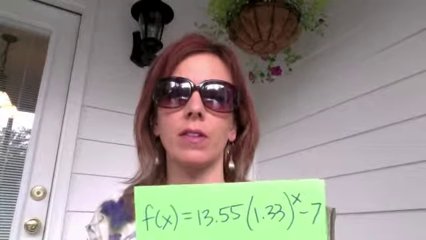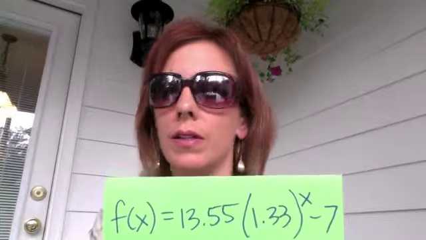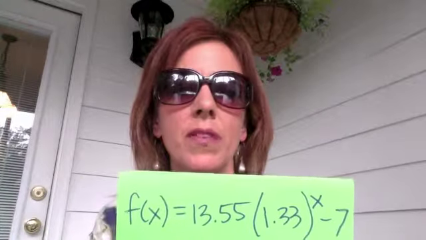So the expression is f of x is equal to 13.55 times 1.33 raised to the x minus 7. Okay, and so this is kind of what it looks like. We want to know how to evaluate this thing at a specific value.